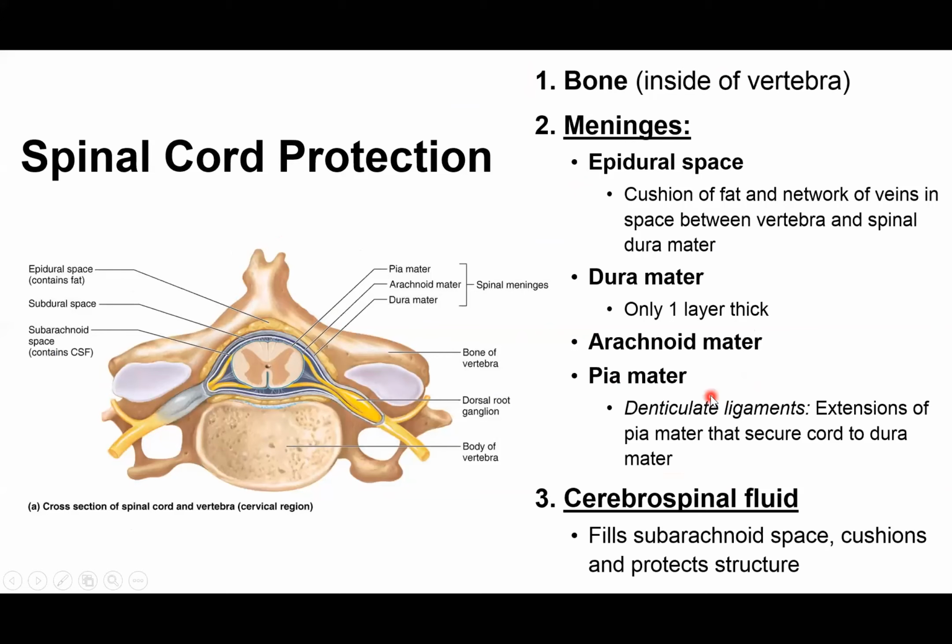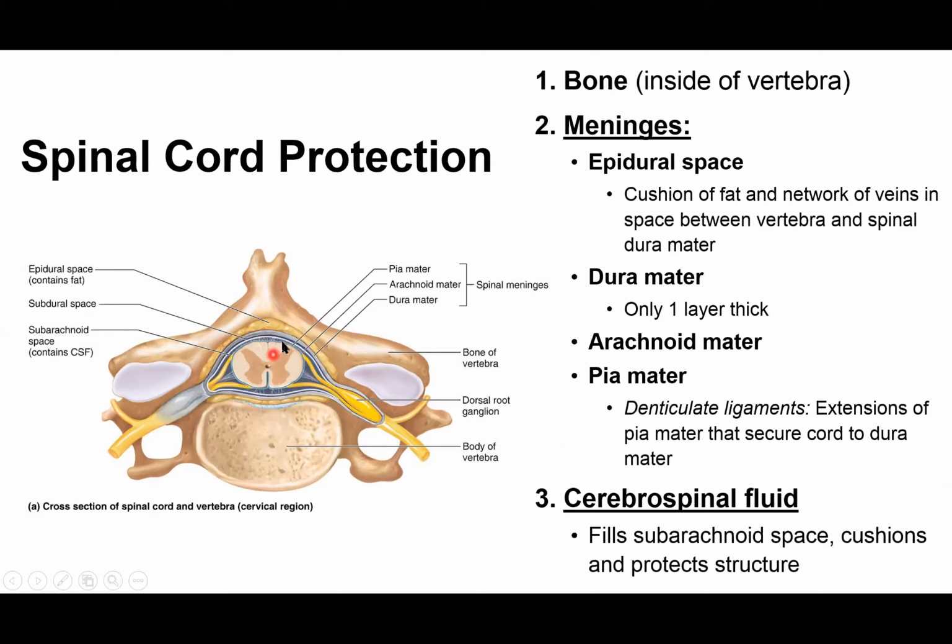And one thing I would like to point out with the pia mater is that we have these little extensions of the pia mater called denticulate ligaments. The denticulate ligaments are responsible for securing the spinal cord to the dura mater. So we can see these little white fibers within this network here.